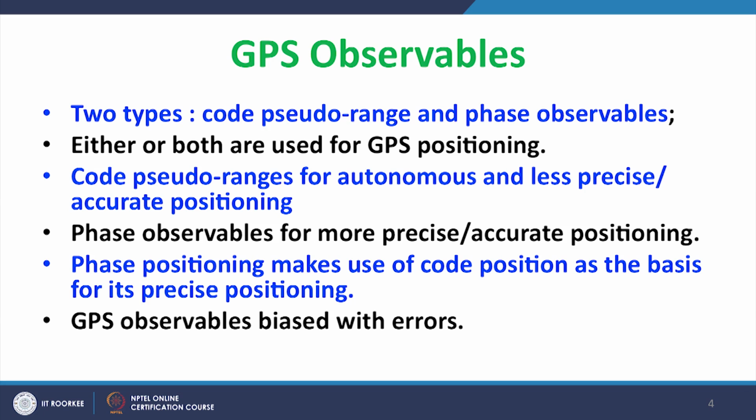The code pseudo range is the range from the GPS satellite to the GPS receiver, found from the code information of the signal, and the phase observable is from the phase of the signal. Either the code pseudo range, or the code pseudo range followed by the phase range, is made use of to find the GPS position.